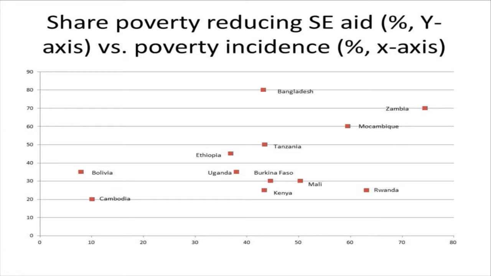Around 40–45% of poverty, you could get either 80% of the Swedish aid program focused on poverty reduction, you could get 50% of it, or you could get 25% of it. So it varies quite a lot. And so the conclusion is that there must be other factors influencing the allocation of funds or the interventions here.